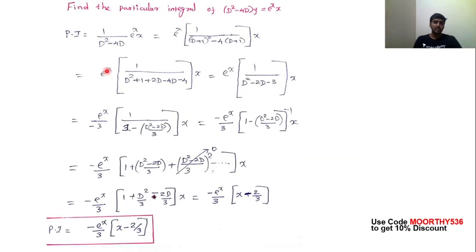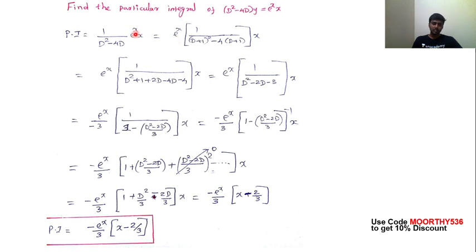In this e power ax into x power n category, find the particular integral of D square minus 4D into y is equal to e power x into x. Now the procedure: particular integral is equal to 1 divided by f of D, where f of D is D square minus 4D, into e power x into x, which is e power x into 1 divided by the thing.